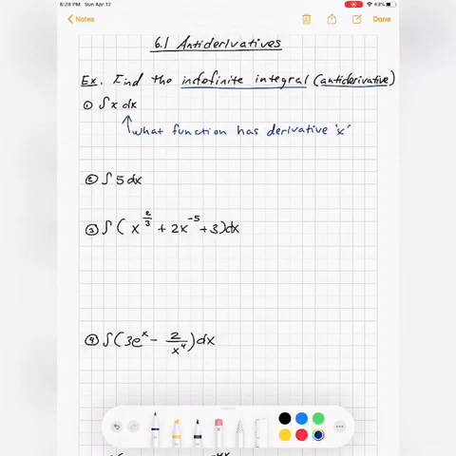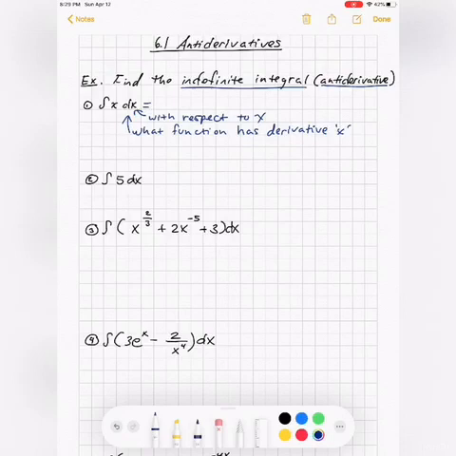In other words, I'm looking for the function whose derivative is x. So this dx here means with respect to x. This is just telling us which variable we're interested in. So I would read this as: find the integral of x with respect to x, or the integral of x dx.